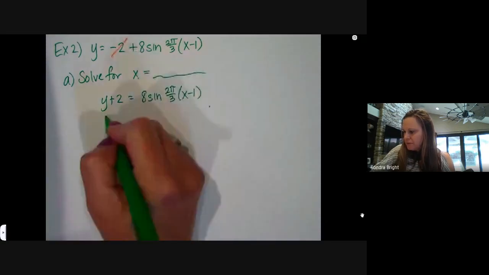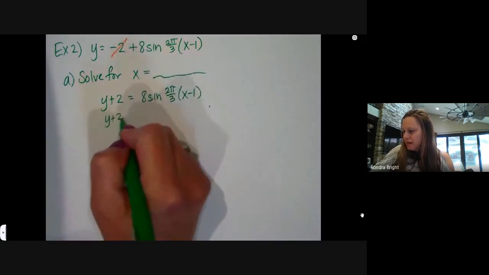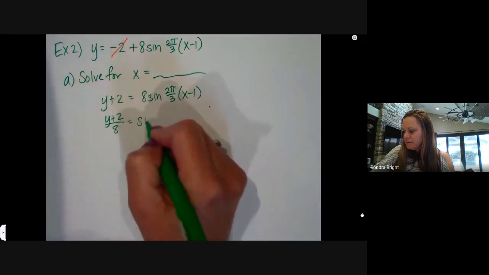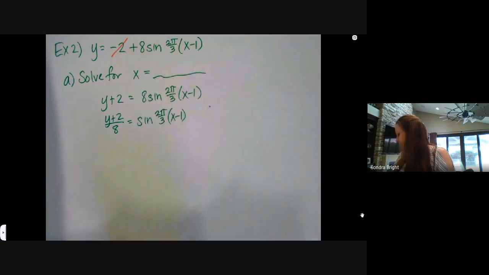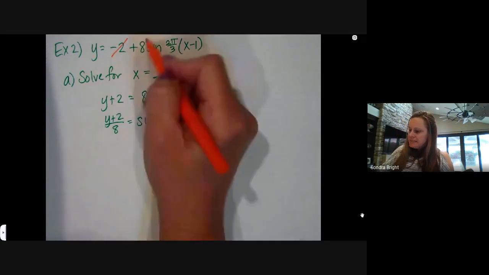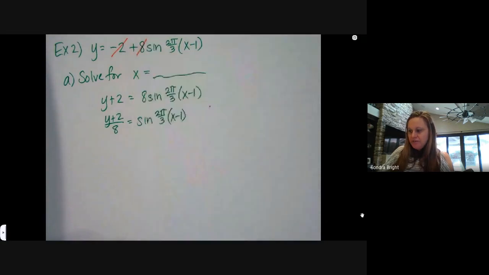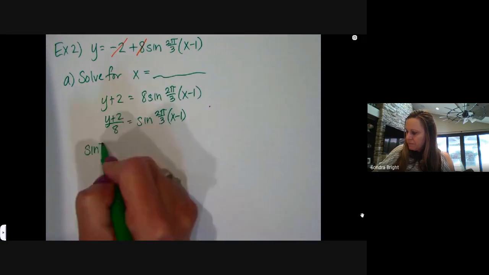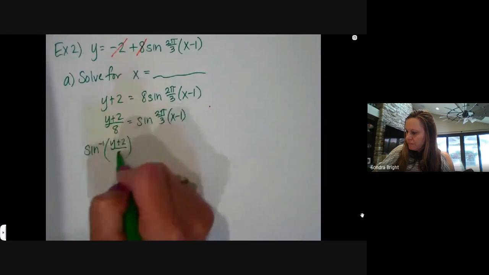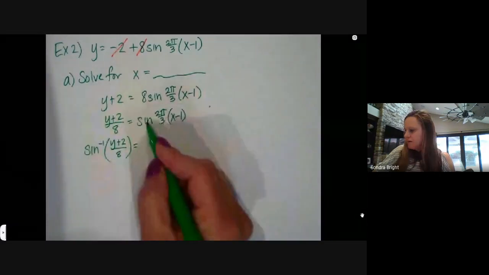And then you would be left with sine of 2 pi over 3 times (x minus 1). Next step, take inverse sine of both sides. And that undoes this sine so that you're left with just 2 pi over 3 times the quantity x minus 1.